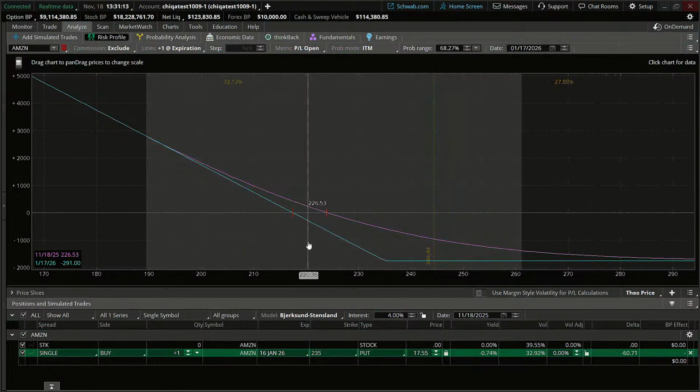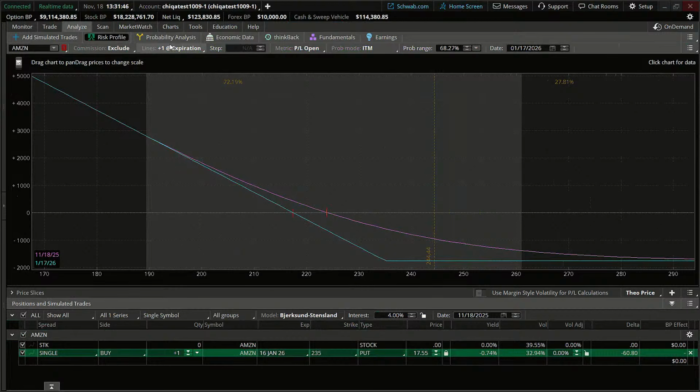So it's trading at 225 right now, but if we had a move down to 220, we can see here that today we would be at a $232 gain. But on expiration, we would be at a $280 loss just because of all that time decay that we saw with our option there. So that would be our theoretical profit and loss. Now, another thing you could do here on this tab is let's analyze a couple different things.